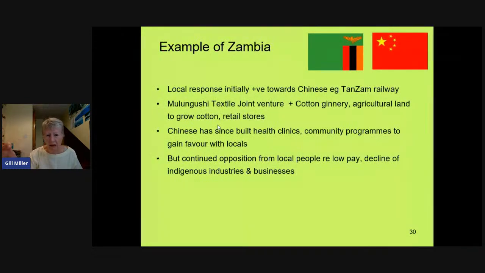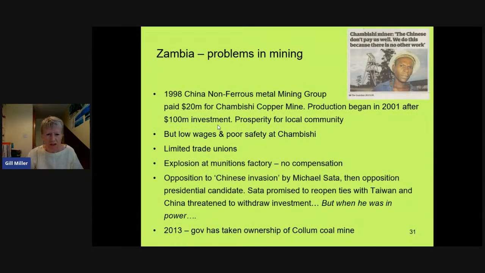Here's an example of Zambia, where we've got good things. It's a joint venture with a cotton ginnery. In Zambia, the Chinese have built health clinics and community programs, but there's still the issue of low pay and the decline of local businesses. And I was referring to Chambishi and the China Non-Ferrous Group, and here you have low wages, poor safety controls, explosions, really bad news.